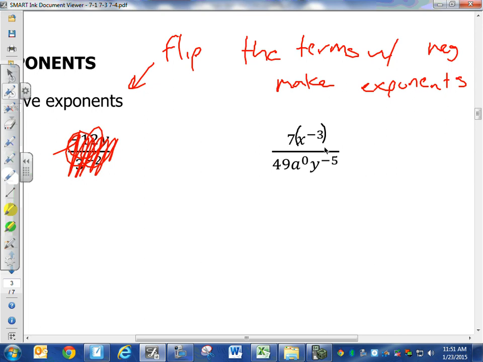It's by itself. This y to the negative 5 is not with anything else. It's by itself. If I ask you to simplify this term, the x to the negative 3 would come down and the exponent would become positive. The y to the negative 5 would move up and that exponent would become positive.